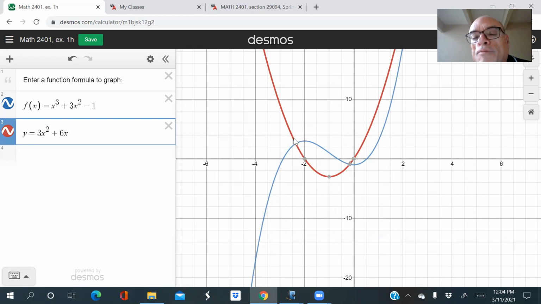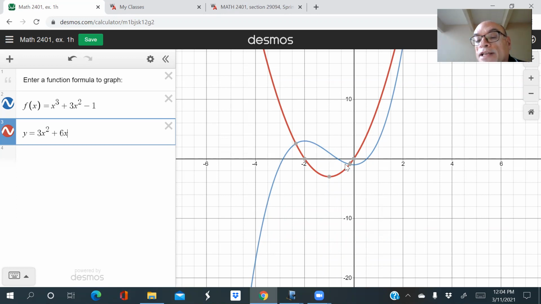And Van, what you told me is where the original blue function is increasing, the derivative is positive. That's true, right? Where the blue function is increasing, notice the derivative is above the x-axis.